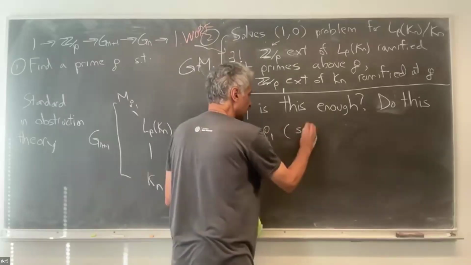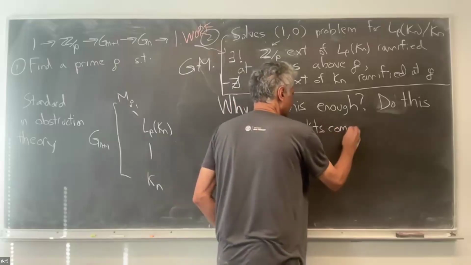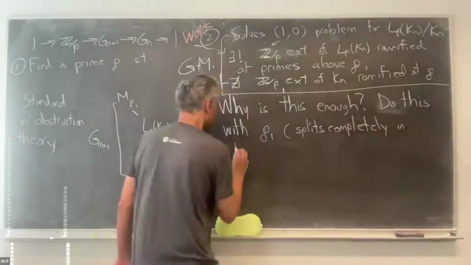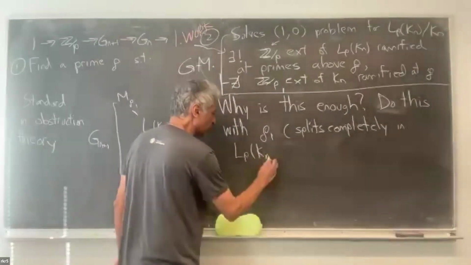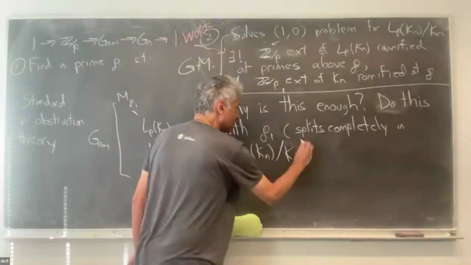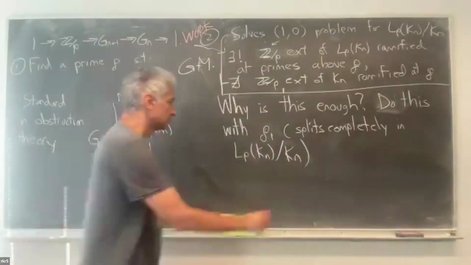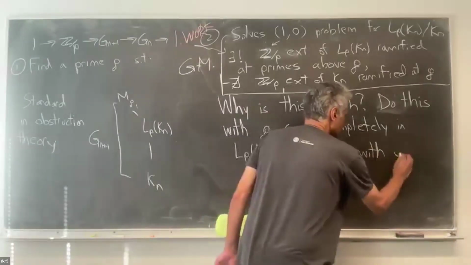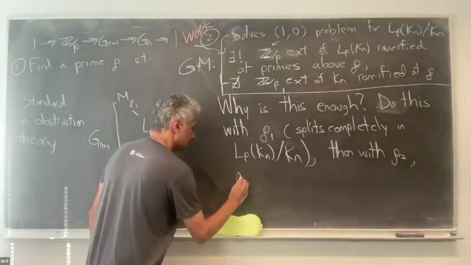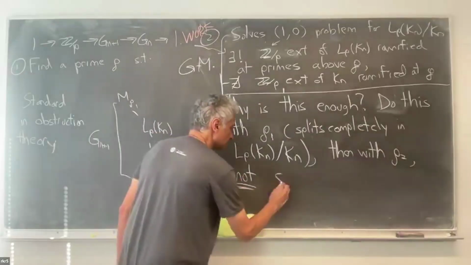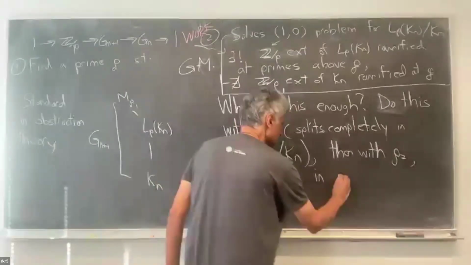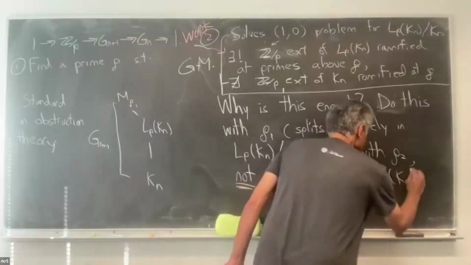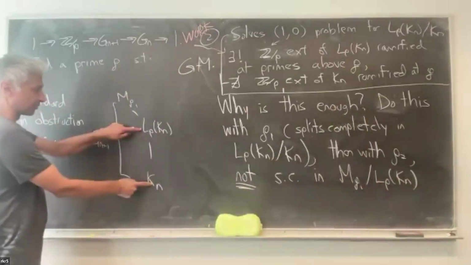And it splits completely is how we choose it. And this is a technical thing, so you may be wondering, why am I writing it down? And hopefully you'll see in a second. So the first prime splits completely from here to here.